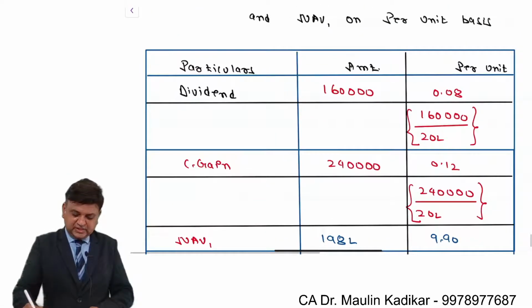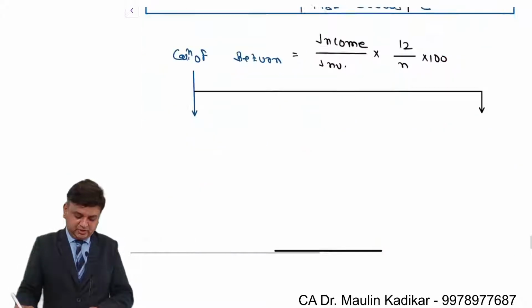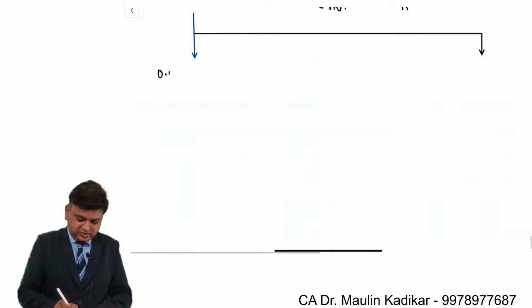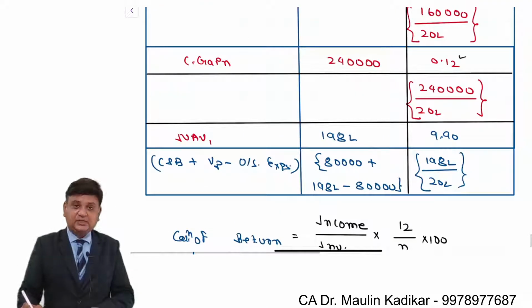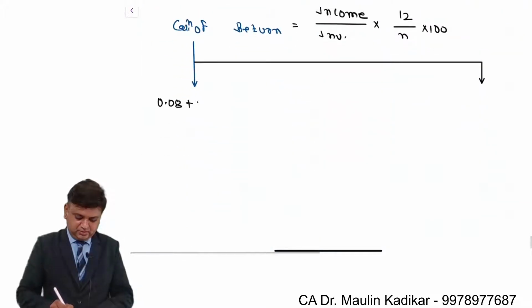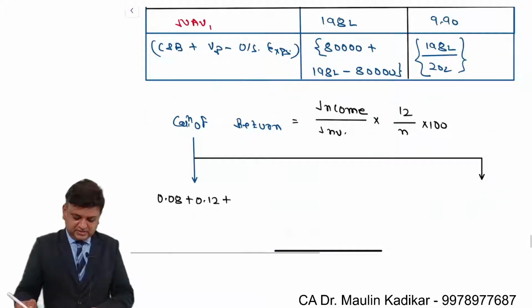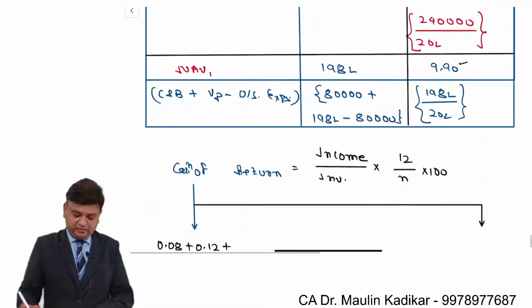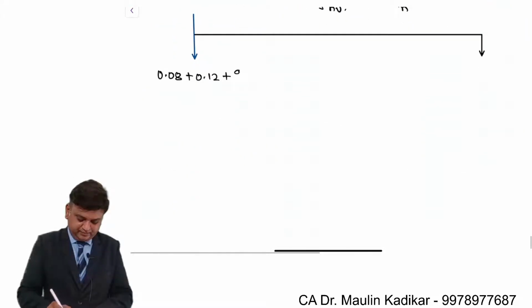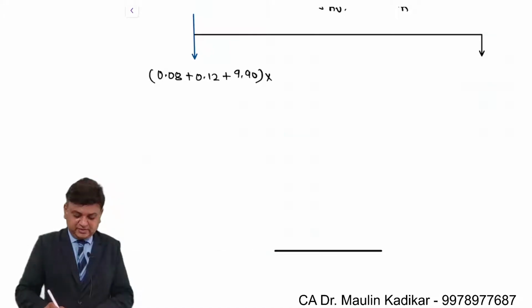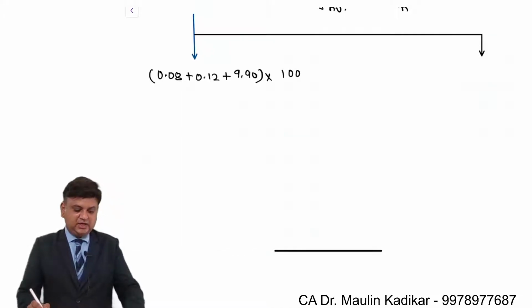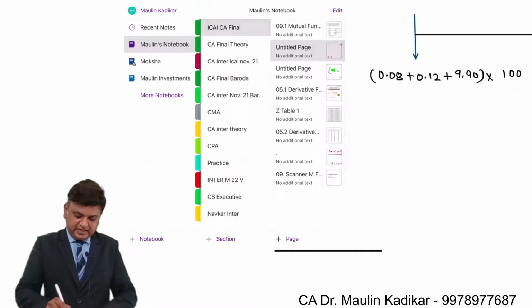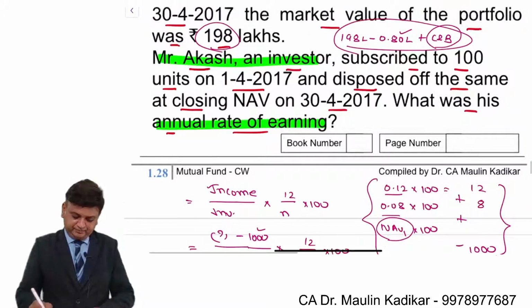Okay, what is the dividend income? 8 paise per unit, so 0.08, plus capital gain is 12 paise per unit, plus NAV1 is 9 rupee 90 paise, multiplied with how many units the investor had purchased? 100 units, like that the information is given.